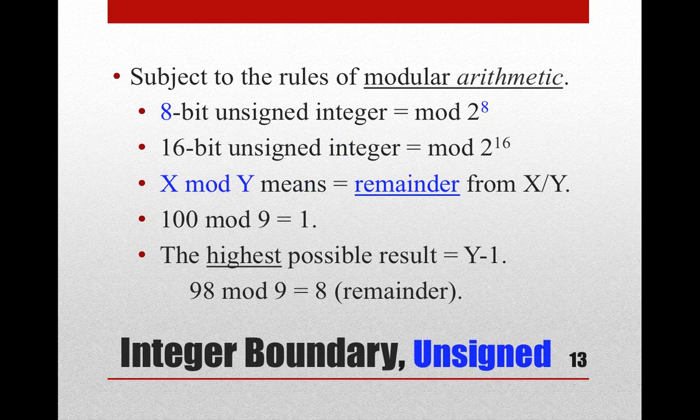Okay, so we're going to talk a little bit about boundaries, and I said in the beginning that boundaries have to do with arithmetic, and so the arithmetic is subject to the rules of modular arithmetic.